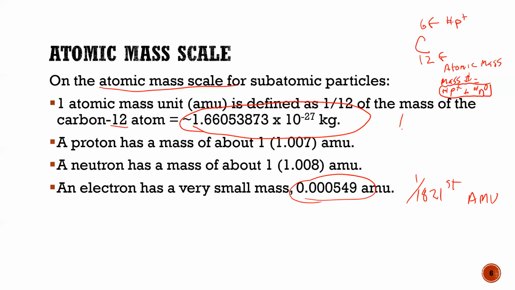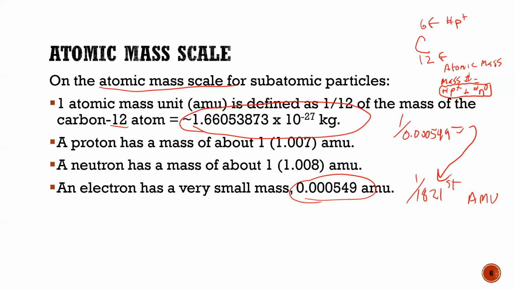So if I did take 1 and divide it by 0.000549, I'll get roughly 1,821. So an electron is roughly 1/2,000 of an AMU, so it really doesn't contribute to the mass as much as the neutrons and protons. So we typically don't consider that mass as contributing.